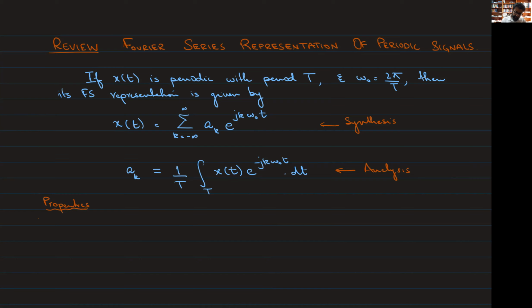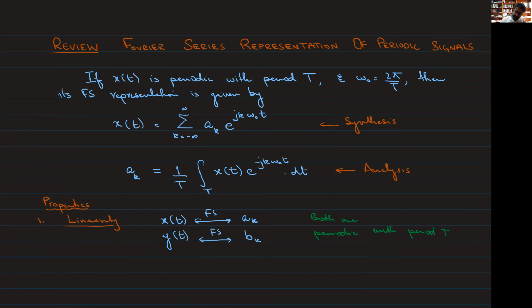The first one we talked about was linearity. What that just means is if I give you a signal x of t, which is periodic and has Fourier series coefficients a k, and another signal y of t, which has Fourier series coefficients b k, and both are periodic with the same period T, that is essential here.